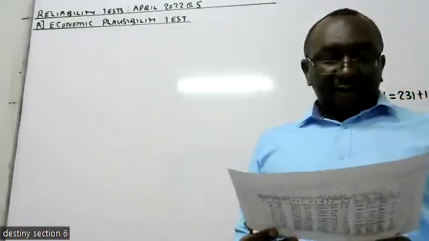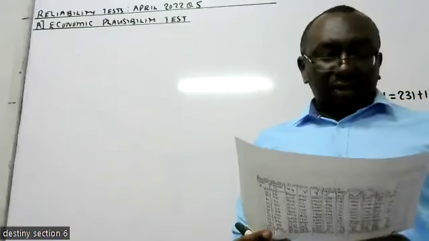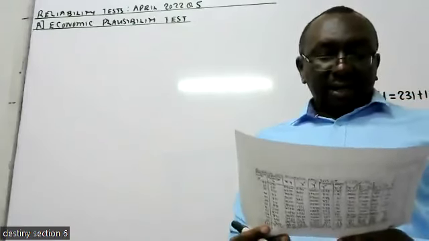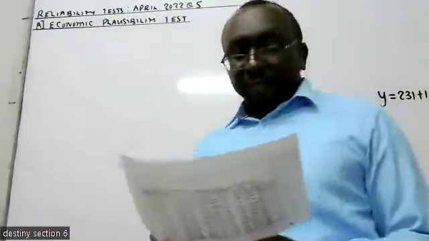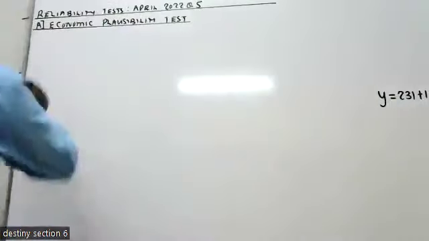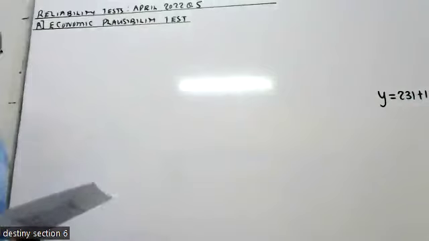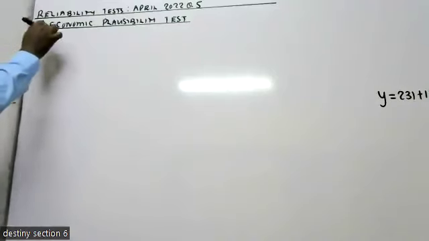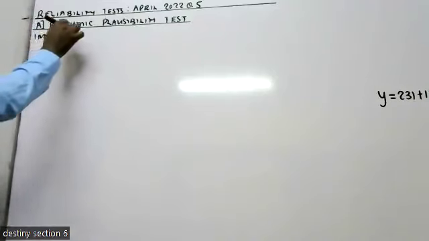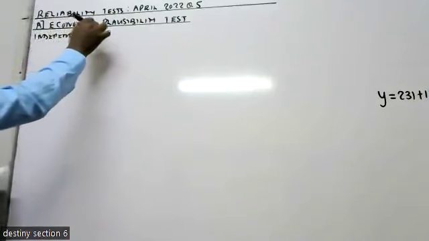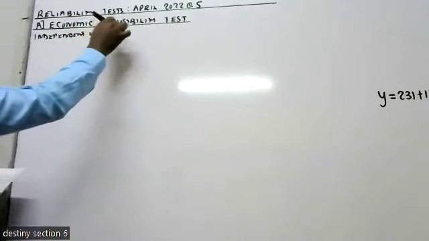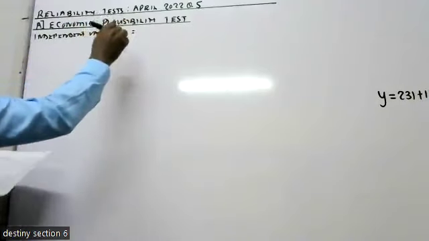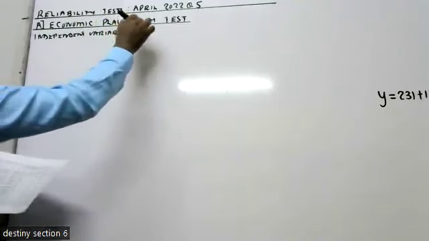our variables. Our variables are machine hours and electricity expense. So this is what we are writing because we already have the notes. Our independent variable is machine hours.